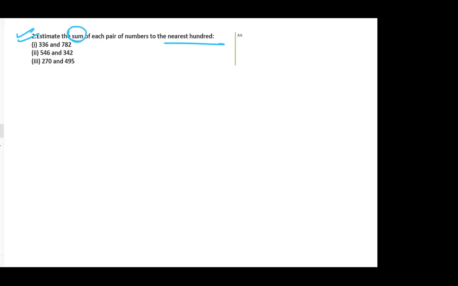Okay, so first of all, we have to round off the numbers, then we have to add them. So first question is 336. So we have to round off 336 to the nearest 100. So nearest 100 means underline the tens place number, which is 3.